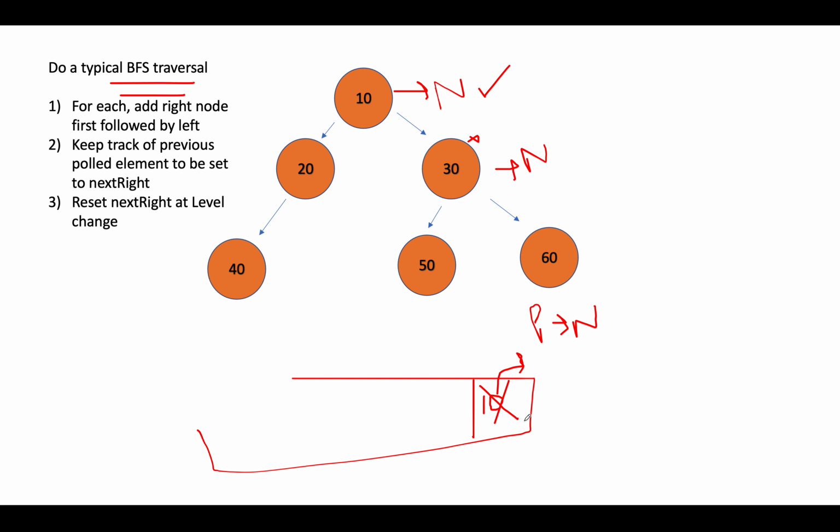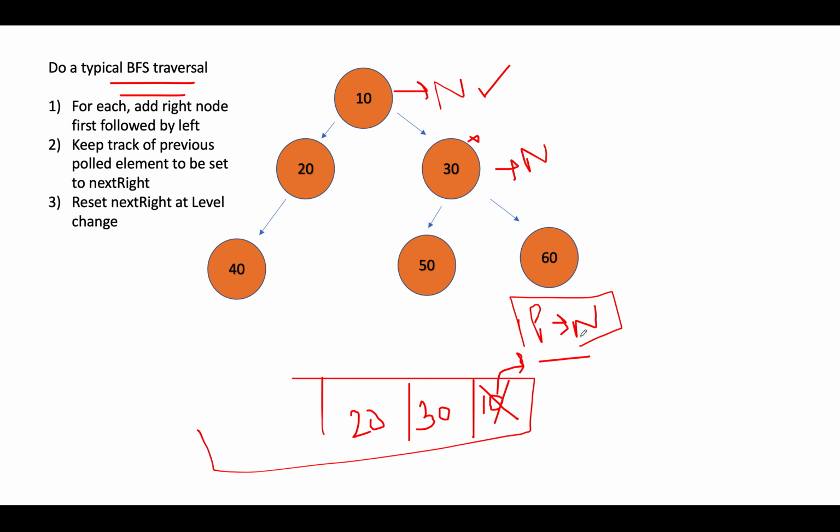Now we move ahead. Also, when we pulled the element out of the queue, we'll add its children into the queue. And how are we going to do that? We'll add 30 first, the right child first, and then the left child, so that we are appropriately building the connections. Also, we'll reset the previous right element.